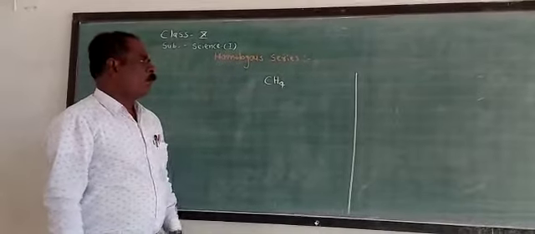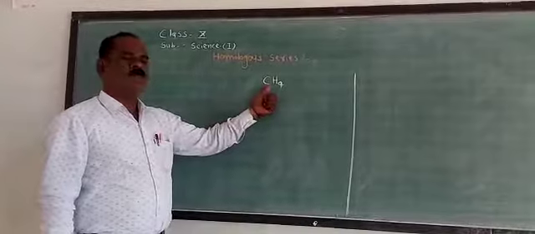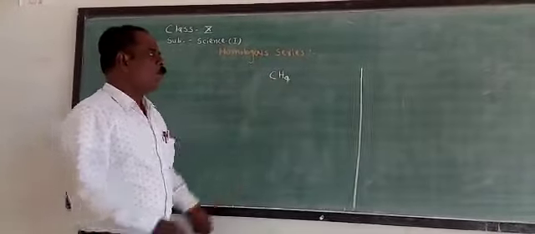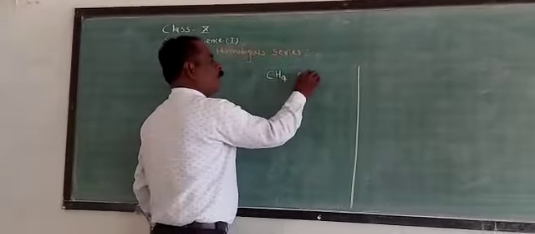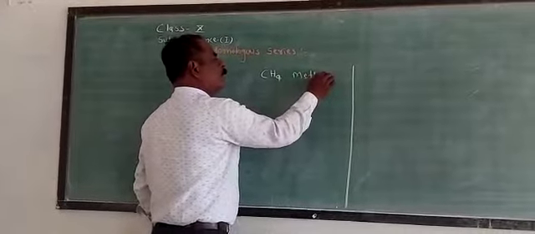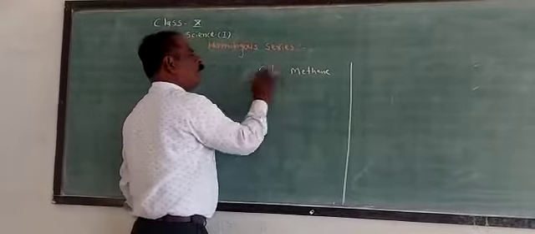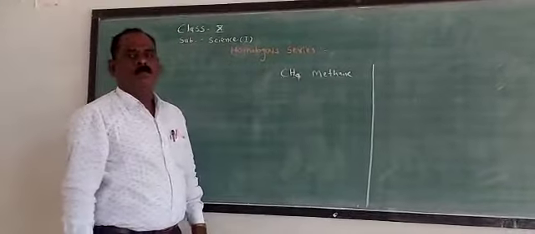For example, the first or lower member of the alkanes is methane, which contains one carbon and four hydrogen atoms.